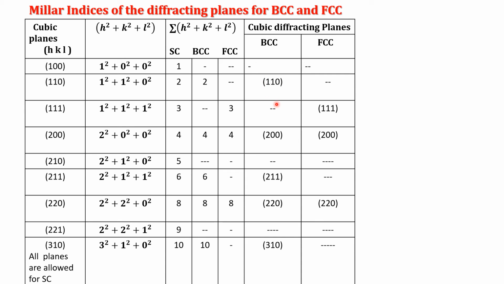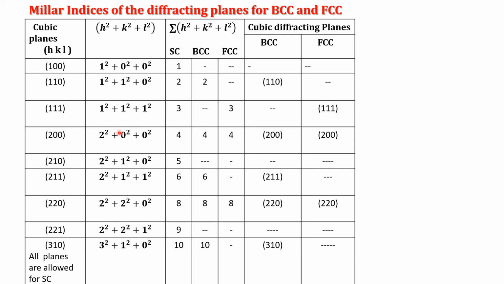If we add h plus k plus l and the result is even, then that reflection is possible, for example 1, 1, 0. But for FCC it is not allowed, since the h, k, l are not all odd or all even. Therefore, that plane is not allowed under FCC.